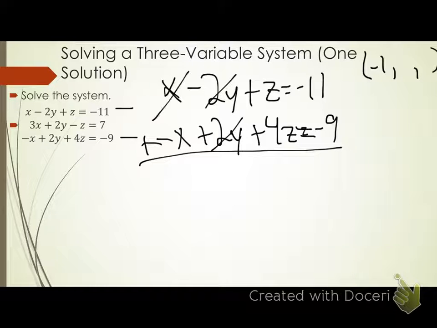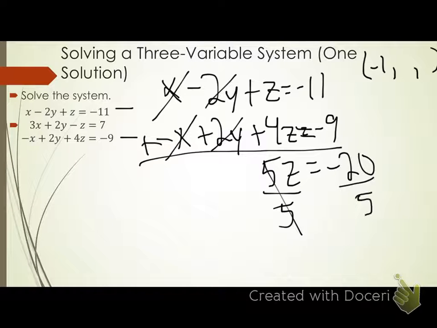In this case, my x's also get eliminated. z plus 4z gives me 5z. Negative 11 plus negative 9 gives me negative 20. Now I can just solve for z. Dividing both sides by 5, I get z equals negative 4. So I've already found x and z right off the bat.